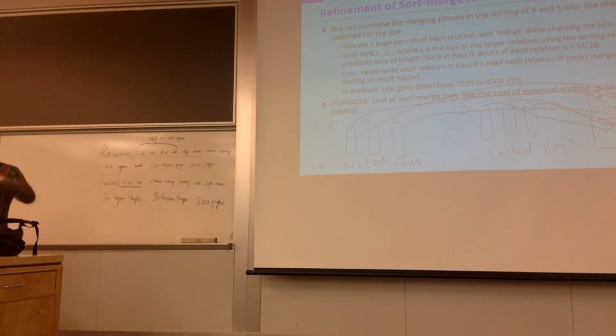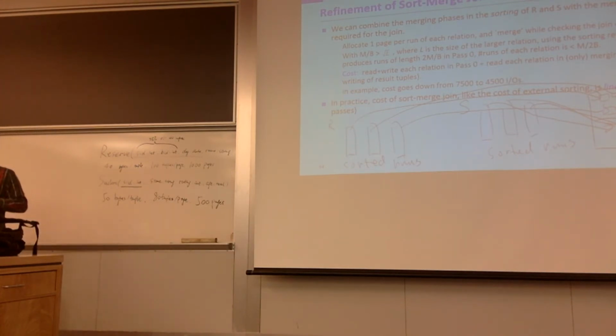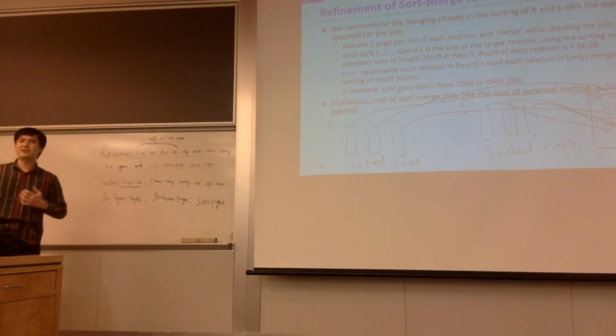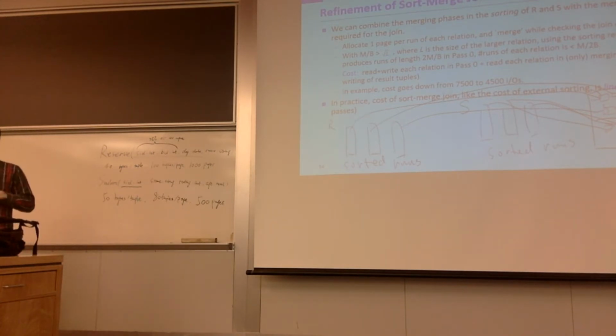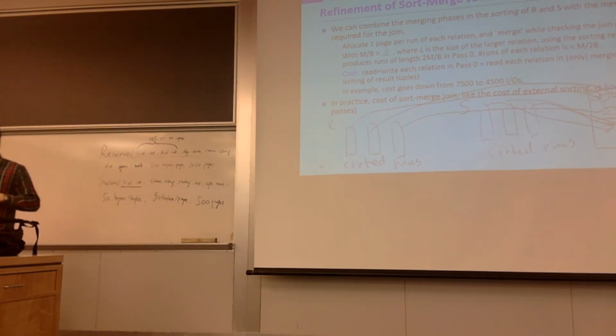Okay, it's a little bit complicated, so it might take a while to think about it. One thing to note here, remember in the merge phase of sort merge join, sometimes we might need to rewind back to the very first tuple we had, right? That actually causes a little bit of a problem here because in the last pass of external sorting, you cannot go back in your stream, right?